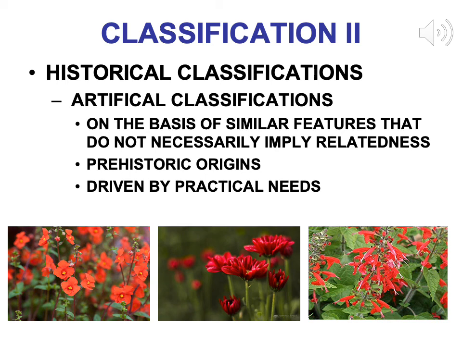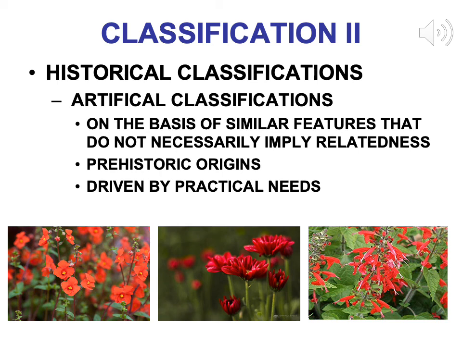As far as artificial classifications, these are classifications based on similar features that do not necessarily imply relatedness. See, once upon a time, a classification might have lumped all plants with red flowers into the same group.